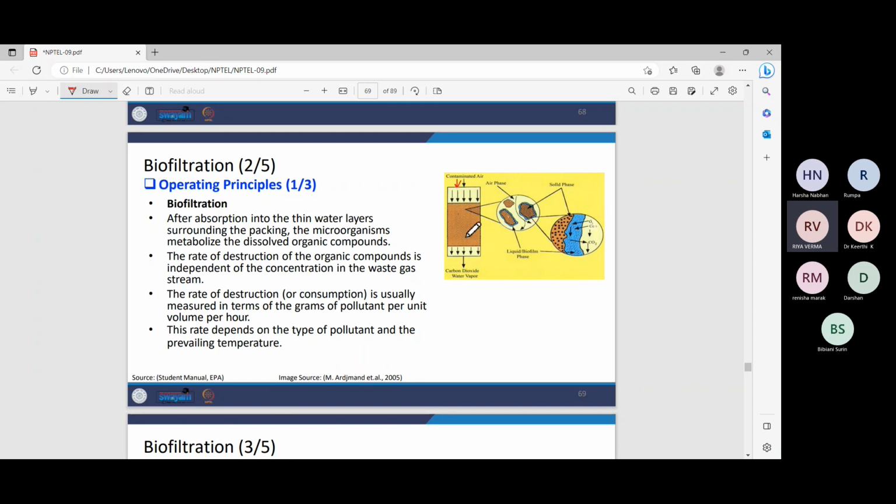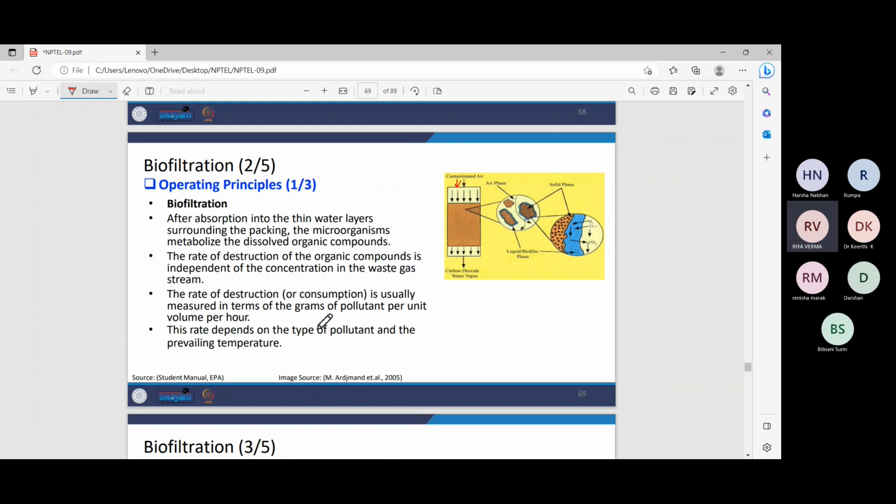During this process the particulates get trapped in the filter media, which has some microorganisms present on it, so they react with the organic compounds and release CO2 and water vapor from the degradation of those organic compounds.